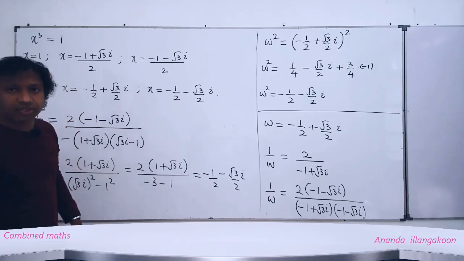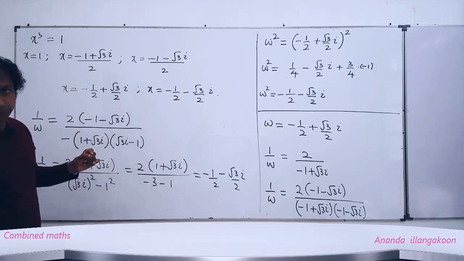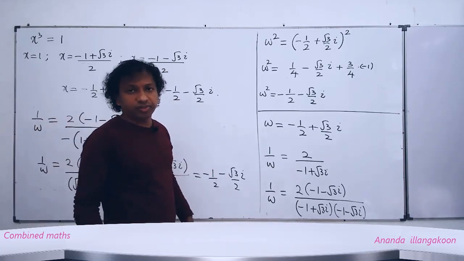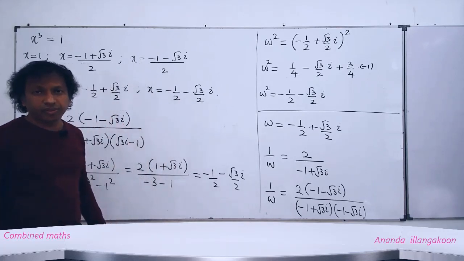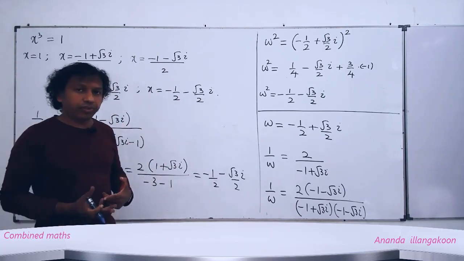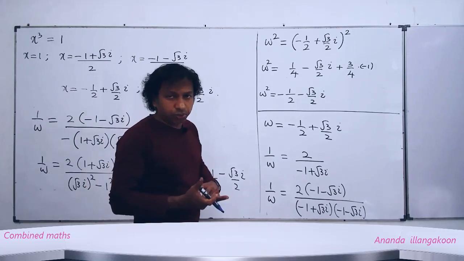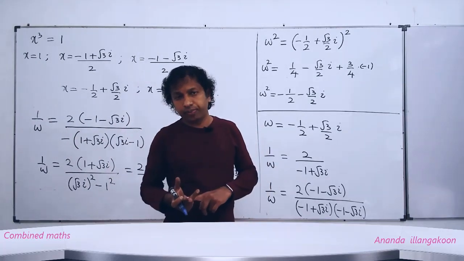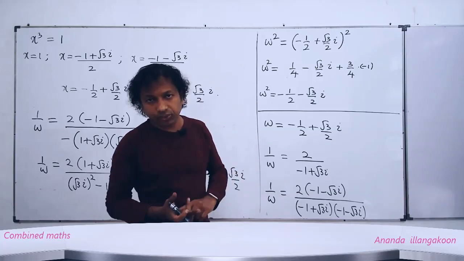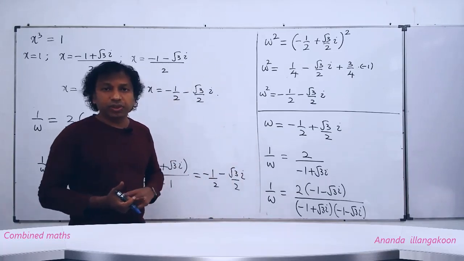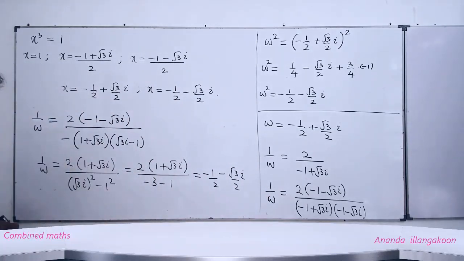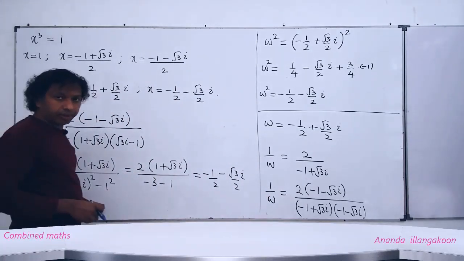Then, people, another relation we have. If complex root of cube root of 1 is omega, the other one is 1 upon omega. So therefore, there are three properties. If omega is one complex root of cube root of 1, the other one is omega bar. The other one is omega squared. The other one is, people, 1 upon omega. Understand? Right. Then you can write that also in a sentence.